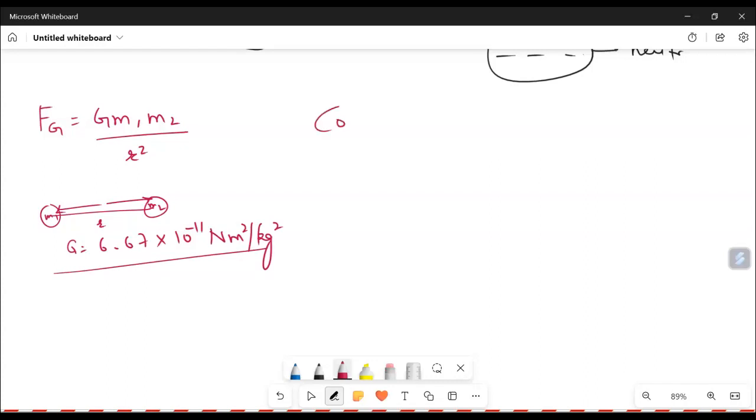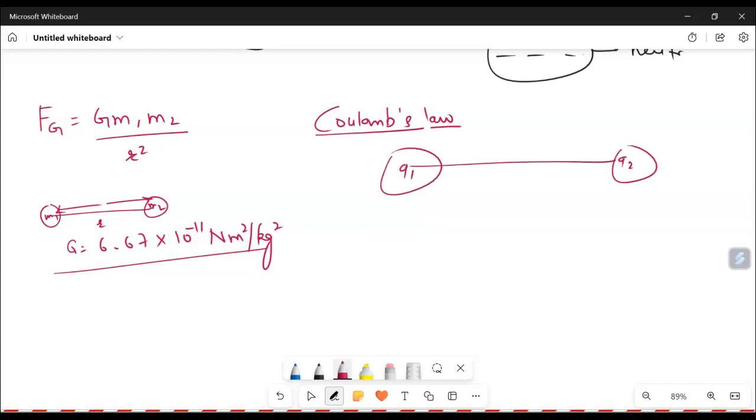Now Coulomb stated the same law regarding the charges. Suppose you have charges q1 and q2. These are considered point charges. It means their diameter is so small, considered as point charges. And their distance is r. R is the distance between them.